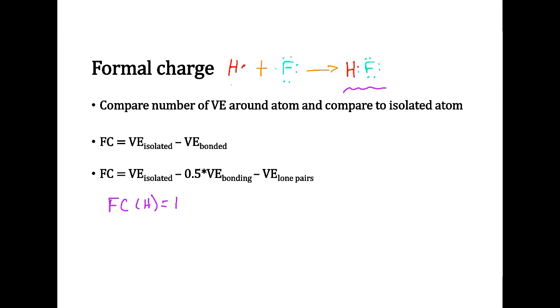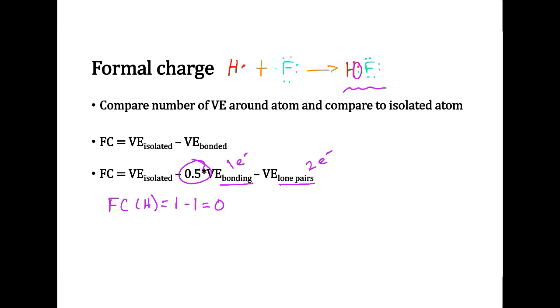If you have a lone pair, that counts as 2 electrons. But if you have a bonding pair of electrons, this counts as half, so this only counts as 1 electron. So if we look at hydrogen, these electrons are bonded, bonding hydrogen and fluorine together, so that would count as 1. So we would have 1 minus 1 for a formal charge of 0.